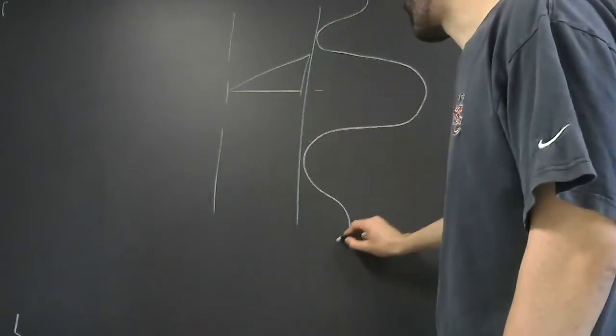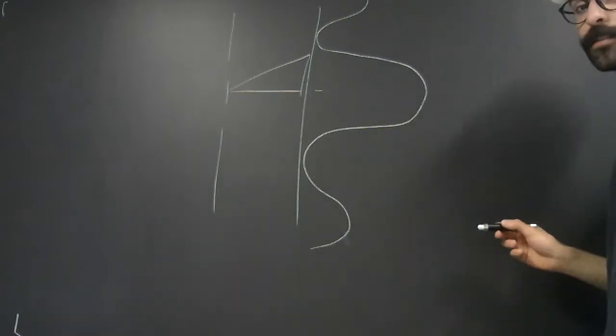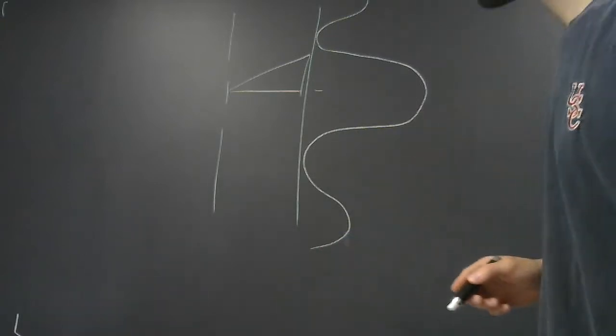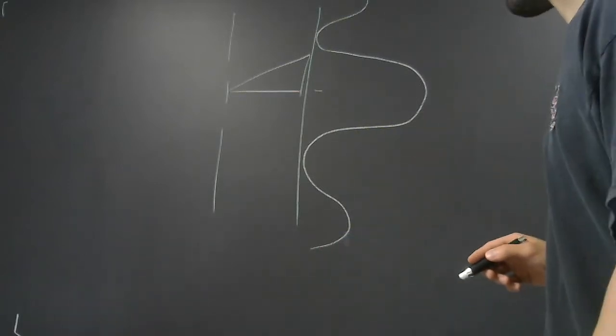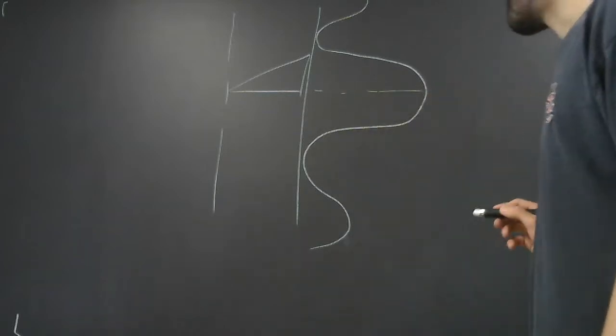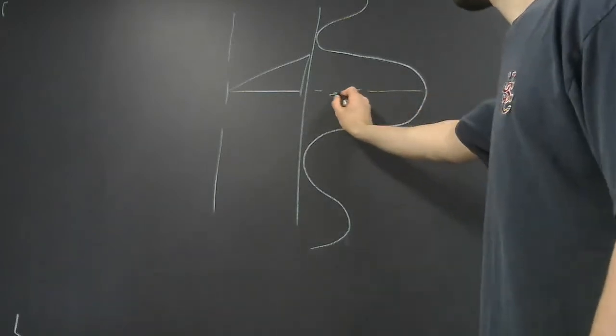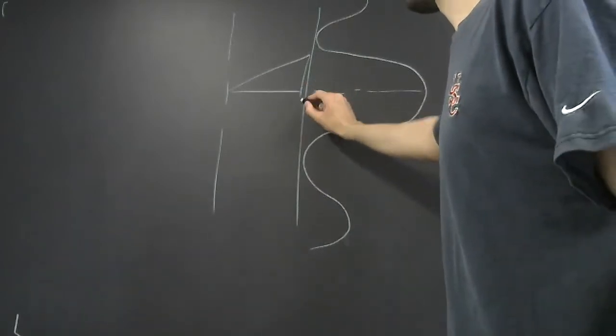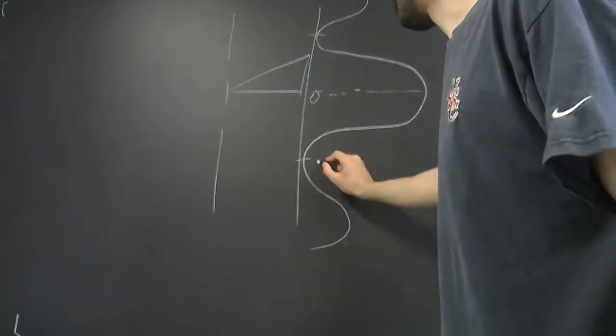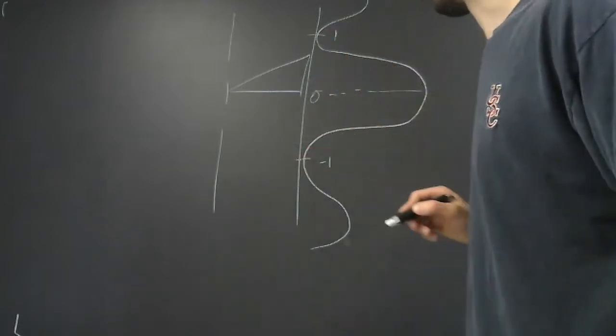Wow, this is the best wave I've ever drawn for this kind of question. It's perfectly symmetrical. Anyway, remember this 0 position is always going to be the highest compared to the -1 and 1 positions.